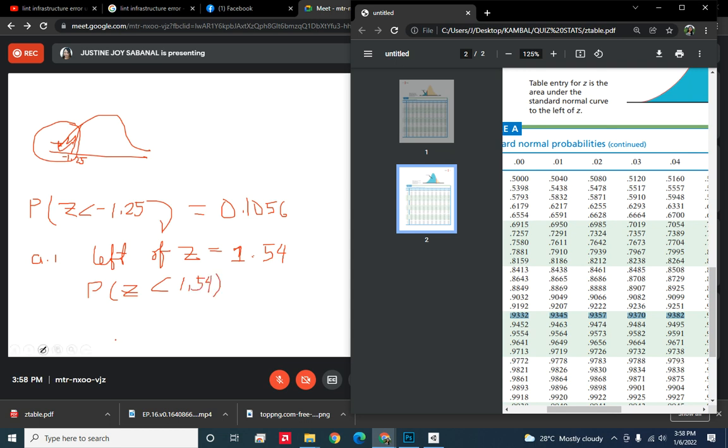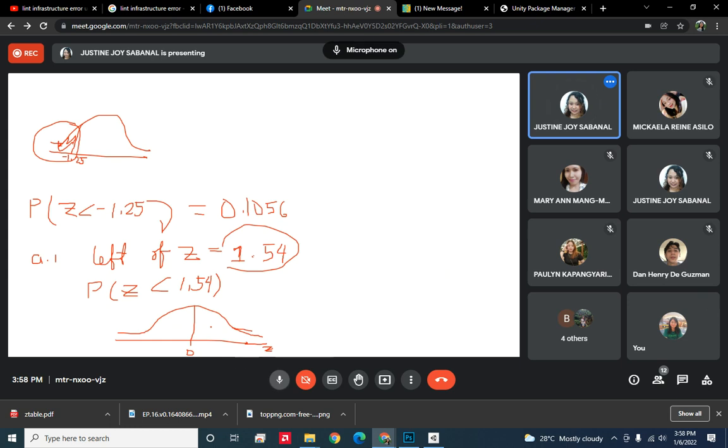Yung illustration nito, this is the normal curve. Middle value again is equivalent to 0. So saan ko ilolocate ngayon itong 1.54? Sa kanan or kaliwa ng 0? Kanan po. Okay po. Since that is positive, nasa kanan siya. Pero, aling portion yung shadan ko dito?